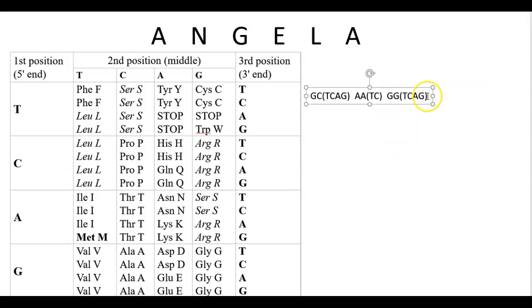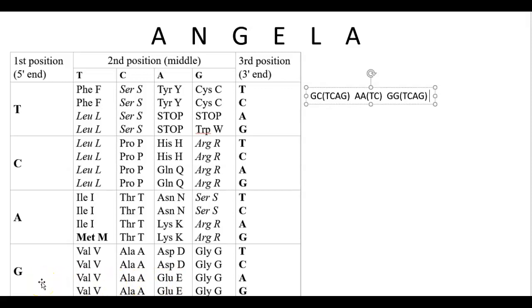Now let's look at the next one. This one is an E, and E stands for glutamic acid down here next to the glycine. So glutamic acid, E. And again, we do exactly what we have done before.